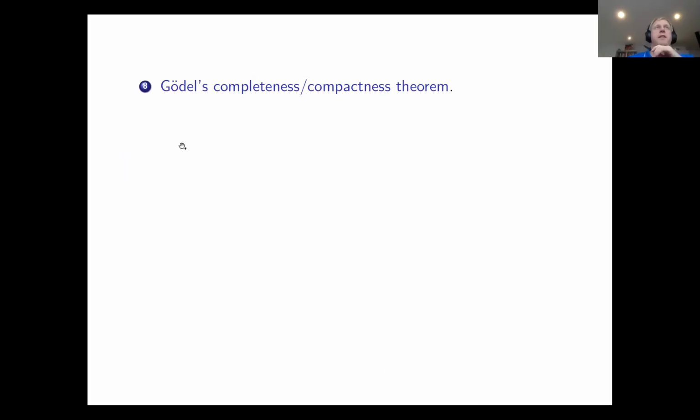What is more surprising is that Gödel's completeness, or the compactness theorem, is also equivalent. The completeness theorem says that a sentence is provable from a system if and only if it's true in all models. But that's logic. And there's also some algebra.